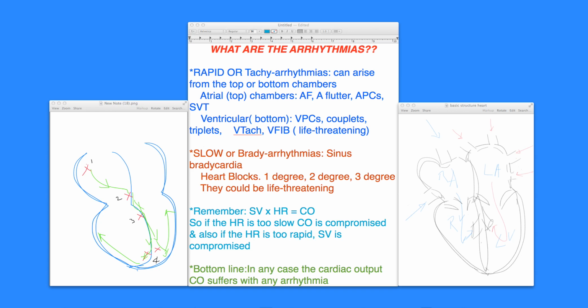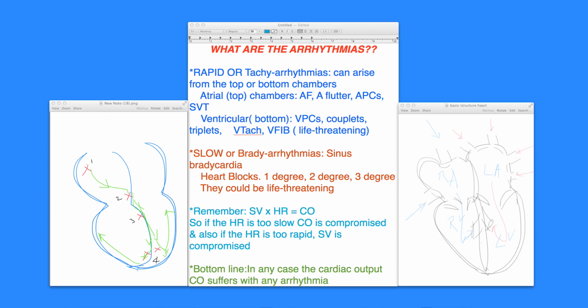The whole idea is that the ventricles should fill up before they can eject. But if the tachyarrhythmia is such that the rates are very, very high, like 150, 200, 225, especially in the case of VTach and VFib, the chances of filling up are extremely low, and these ventricles don't fill up and the patient either passes out or dies.